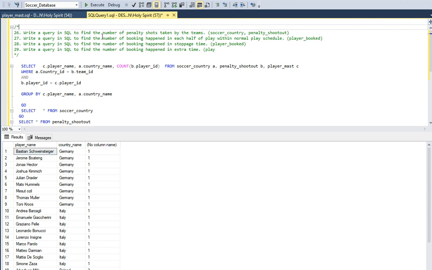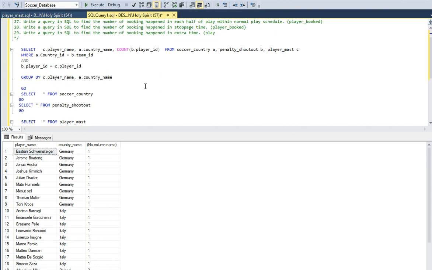Write a query in SQL to find the number of penalty shots taken by the teams. Soccer country penalty shootouts. These are simple queries actually. We're not doing joins yet. In the next video we are going to deal with joins. For now, simple queries. That's why I did not use join here.